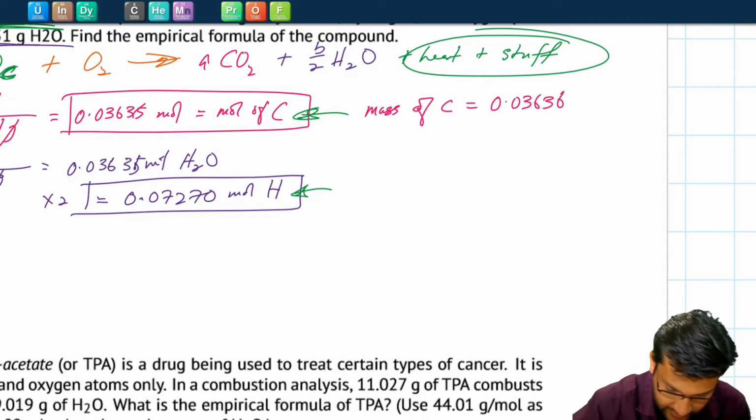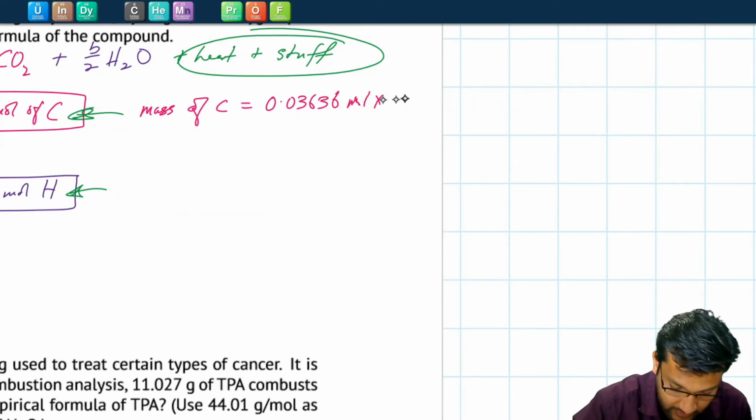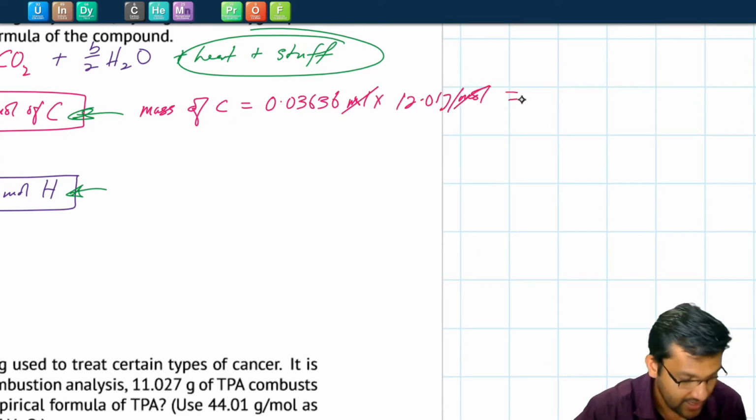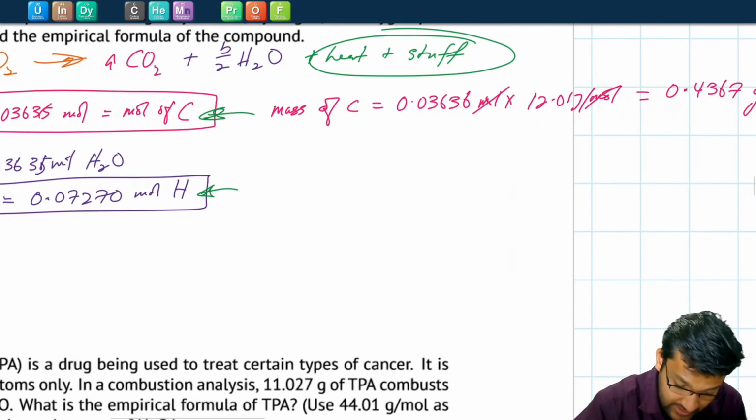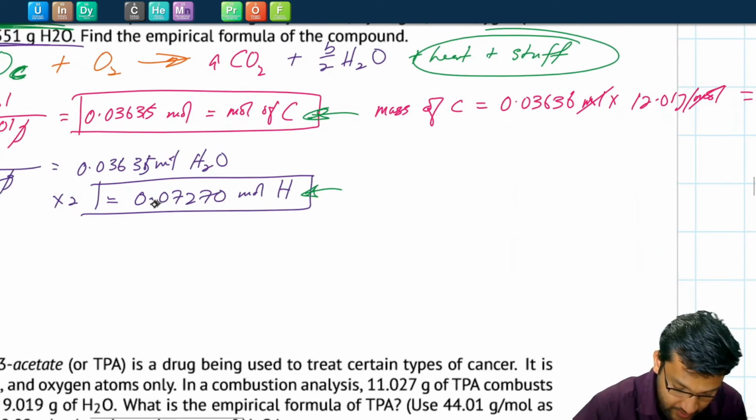Mass of carbon, we know the moles, 0.03636 moles, sorry. To get the mass, we just multiply by the molar mass of carbon, right? 12.01 grams per mole. Moles cancel out. And for the mass of carbon, we get 0.4367 grams. We can do the same thing for hydrogen. We have 0.07270 moles of hydrogen.